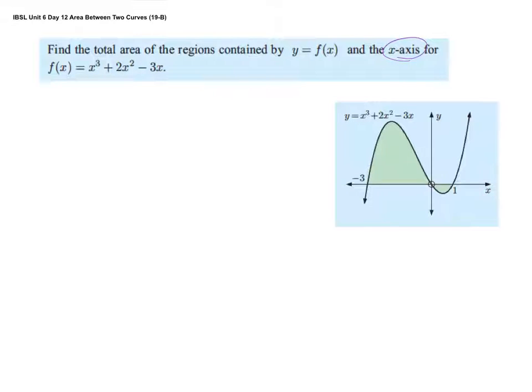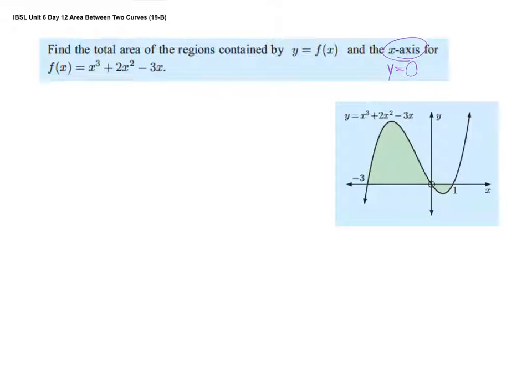It's the function y equals 0. And remember we said you could take that part that goes below the x-axis and take the absolute value, or you could just subtract that. The reason why we can subtract that is because you're really doing 0 minus that function.